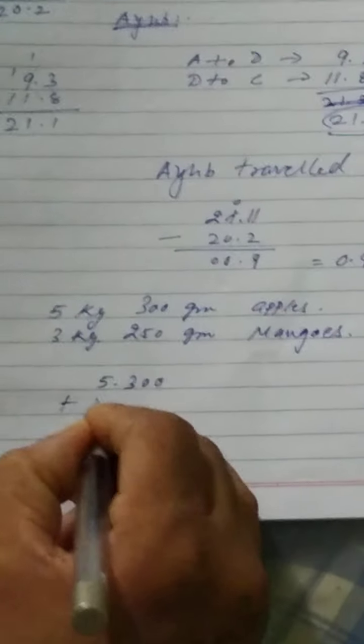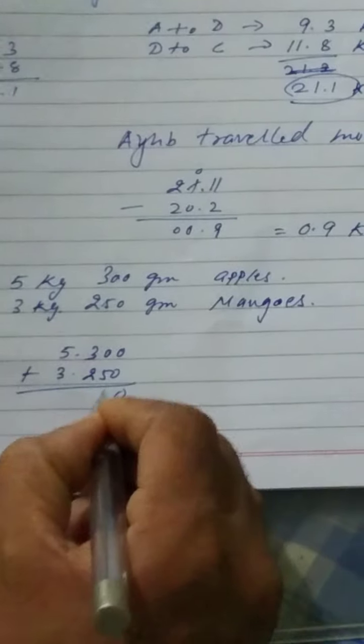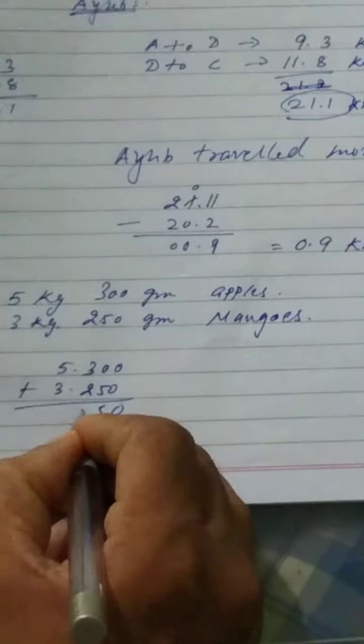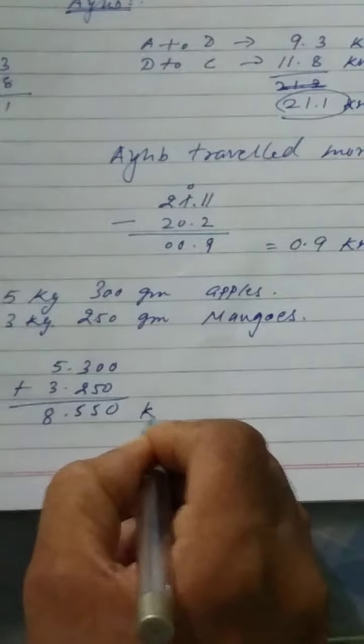So 5.300 plus 3.250. 0 plus 0 is 0. 0 plus 5 is 5. 3 plus 2 is 5. Then 5 plus 3 is 8 kilograms.